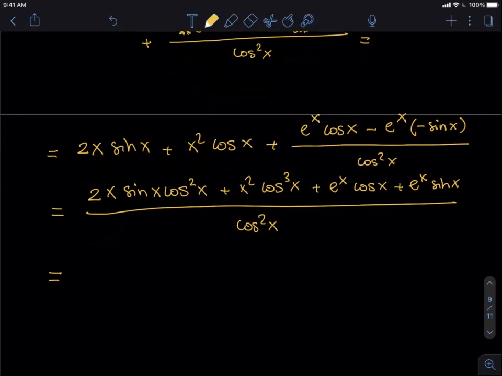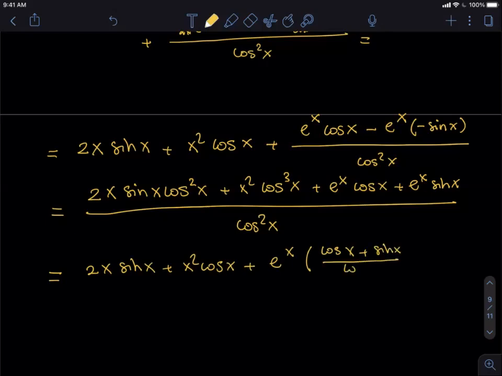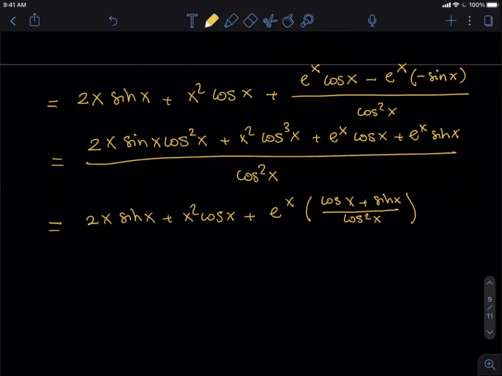another way we can write this down would be 2x sine of x plus x squared cosine of x plus e^x times cosine of x plus sine of x, divided by the cosine squared of x. Okay, we could even write this down using the secant and so on.